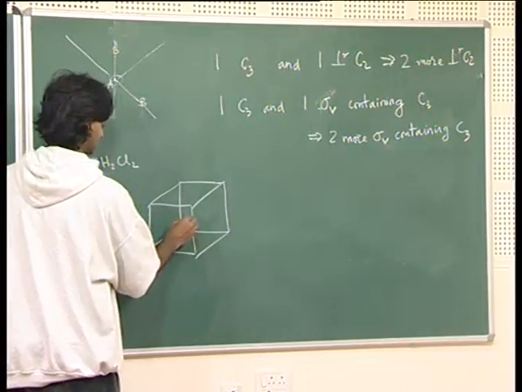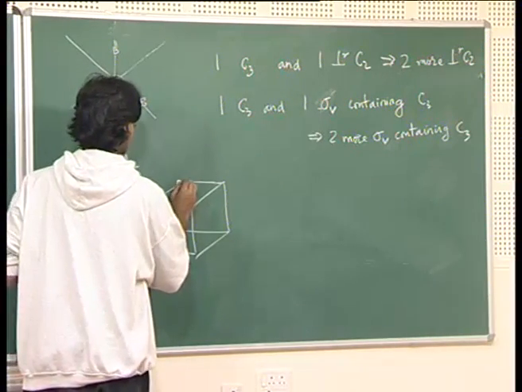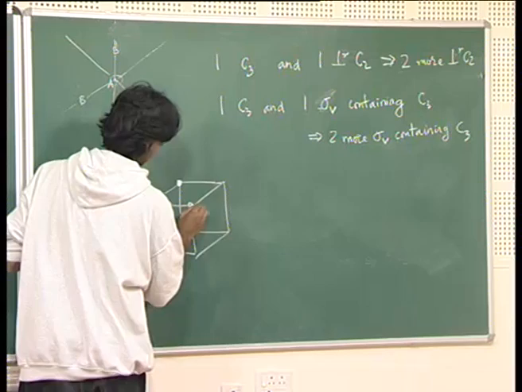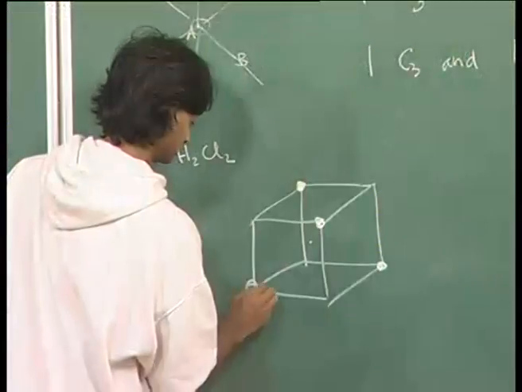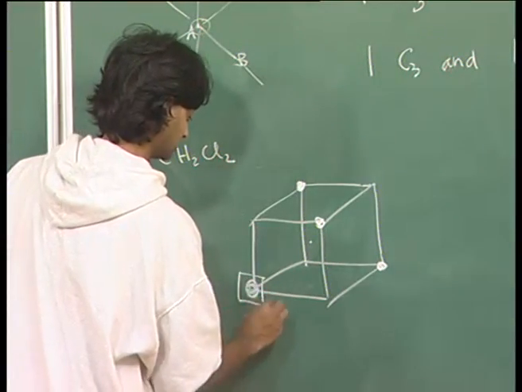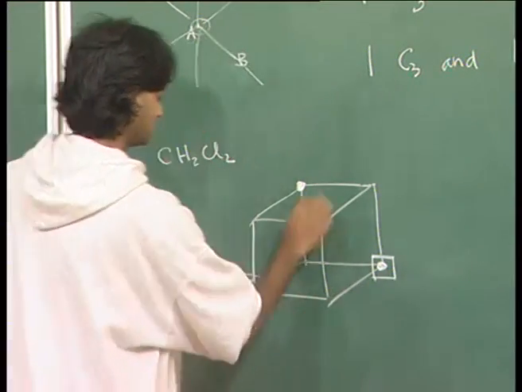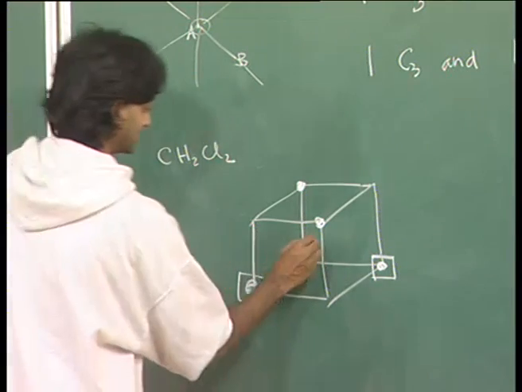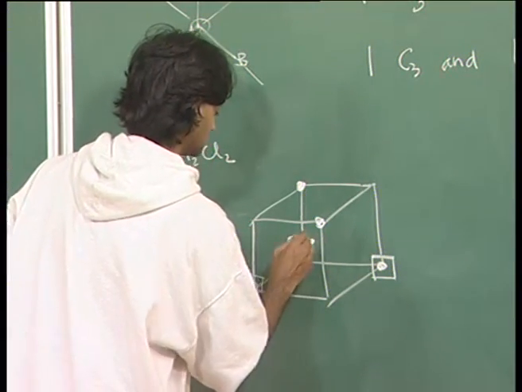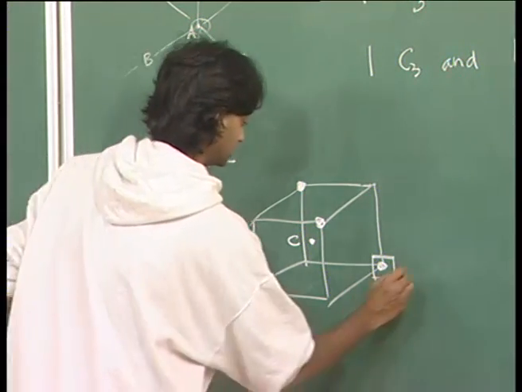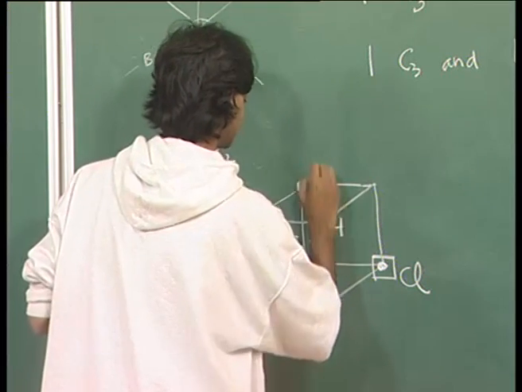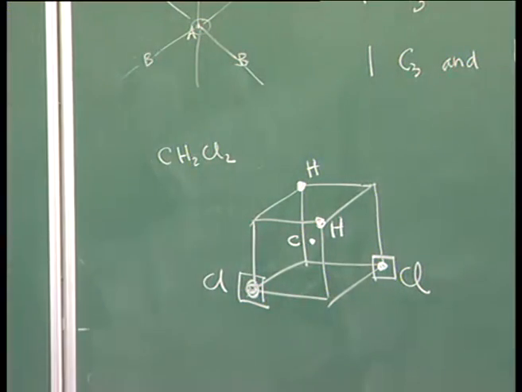So, the carbon atom is at the center and you have 2 H and 2 Cl. So, I will call these Cl, Cl, H, H. Okay. Now, does this have any proper axis of rotation?